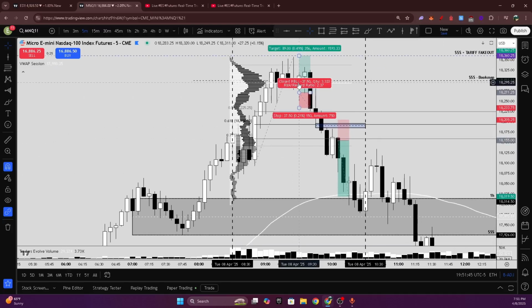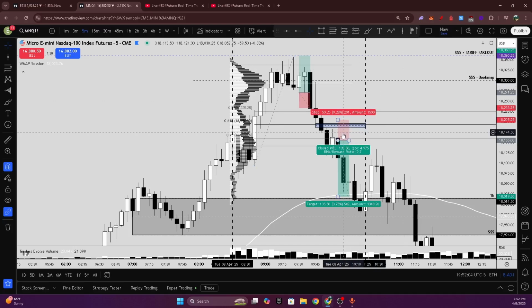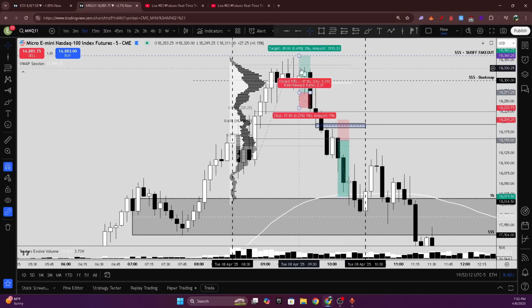But due to our risk measurement, this was a 2.37 risk reward ratio, my bad, while we're only risking 150 ticks. Now in the next trade, we risked 200 ticks, but we're targeting 542 ticks, which is quite a significant amount of movement, while this we're targeting 350.